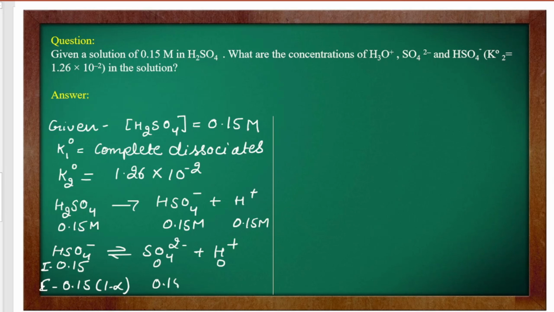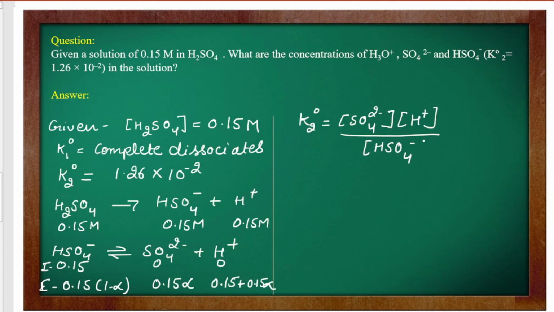For finding out the concentration of hydrogen, sulfate and hydrogen sulfate, we have to calculate degree of dissociation for second dissociation. Dissociation constant is equal to multiplication of sulfate and hydrogen ion concentration divided by hydrogen sulfate ion concentration.